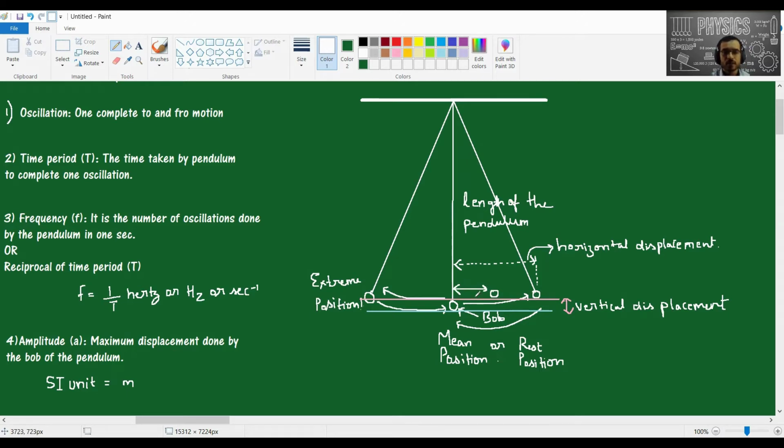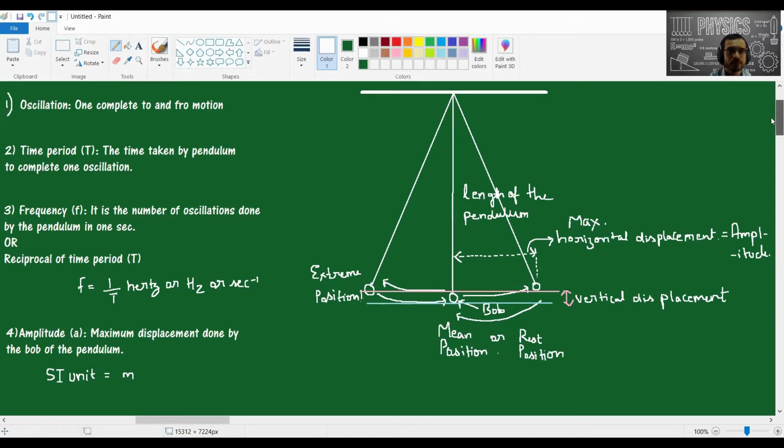Clear? But the maximum displacement, this is the maximum displacement from mean position to extreme position. The maximum displacement is amplitude. So maximum horizontal displacement is equal to amplitude. Okay.